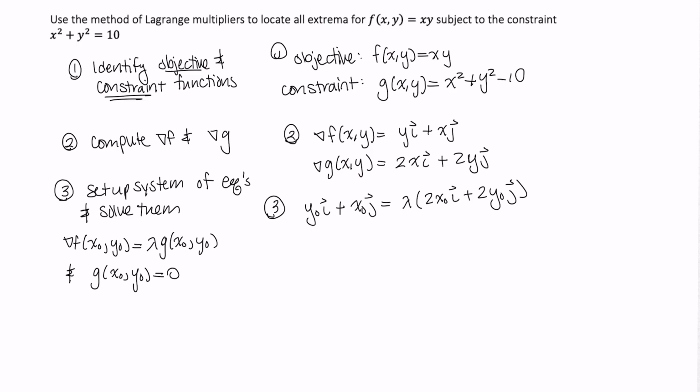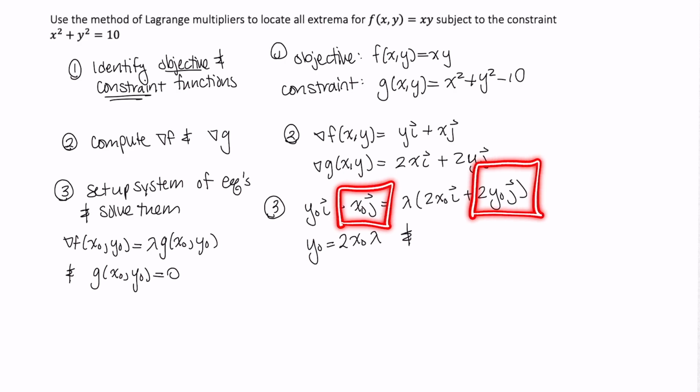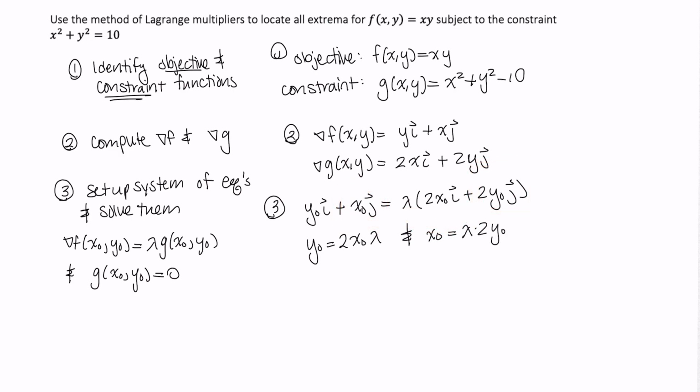So what does that get us? The i components will go together. That tells me that y naught is equal to 2x naught lambda. And the j components tell me that x naught is equal to lambda times 2y naught. Okay, let's solve these for lambda.